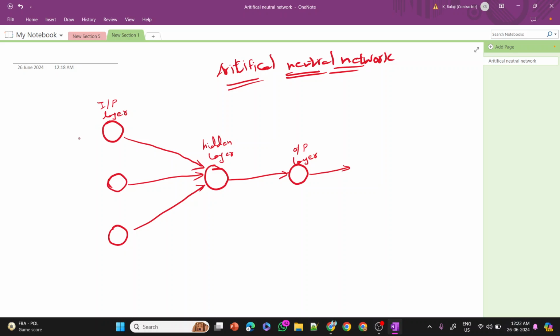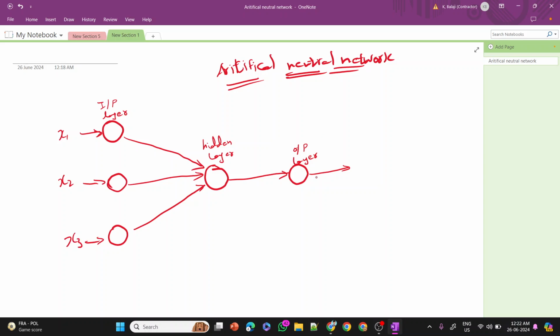In the input layer, the input data will be given to the first layer of an ANN. Let's take x1, x2, and x3 as the input.